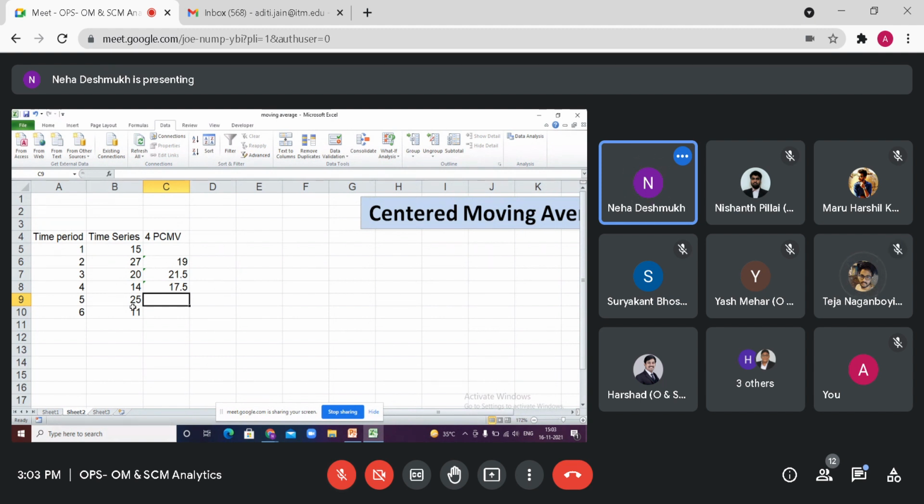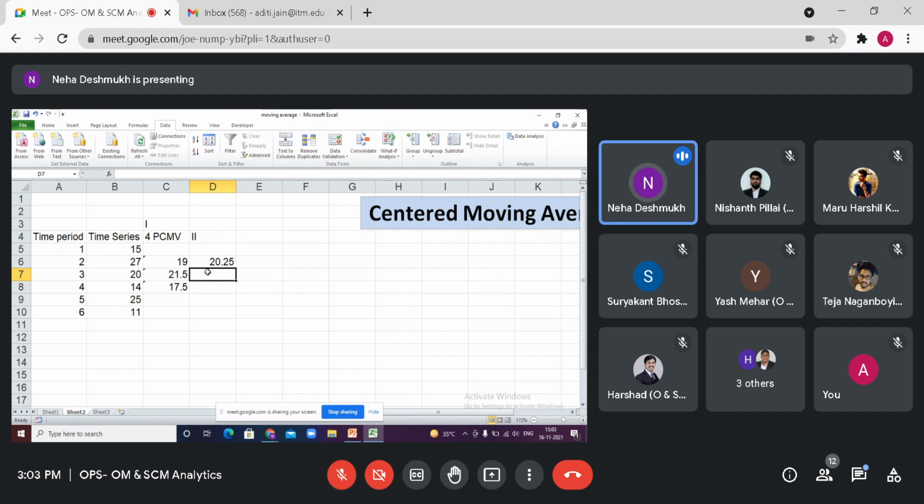Yes, ma'am. Now, to calculate the centered moving average, step 1 is the first 4 period moving average. Then in step 2, calculate the average of these two values, first and second, the average of both values.